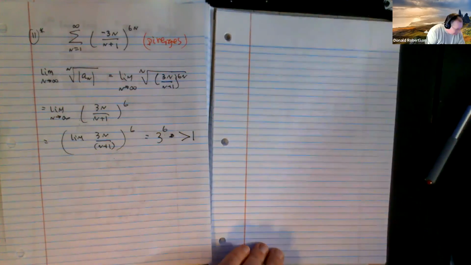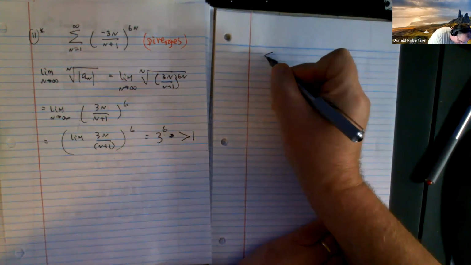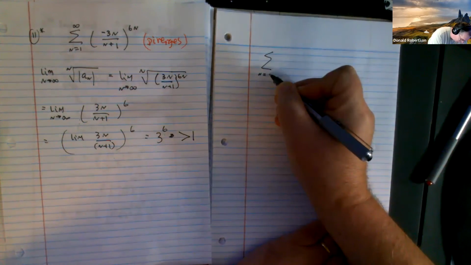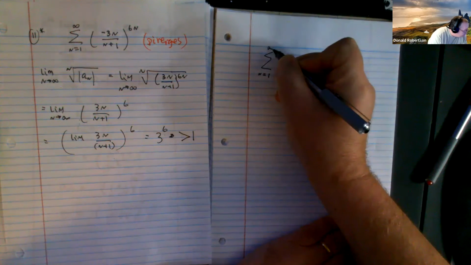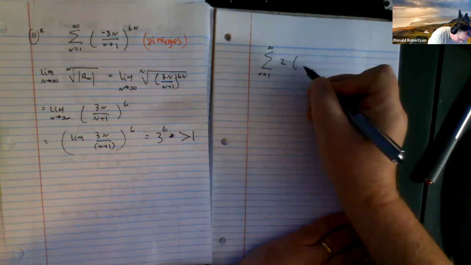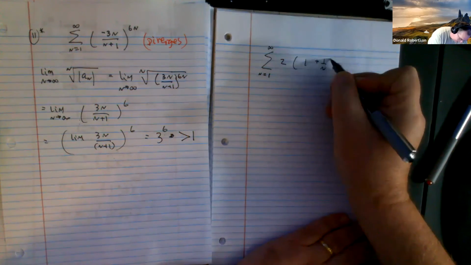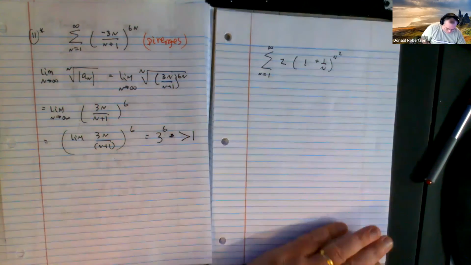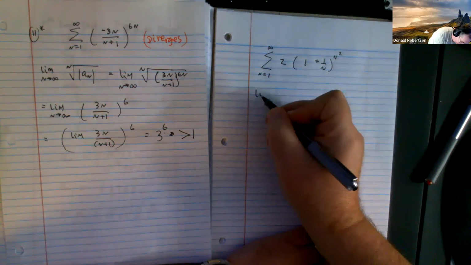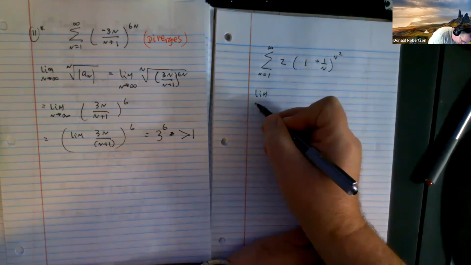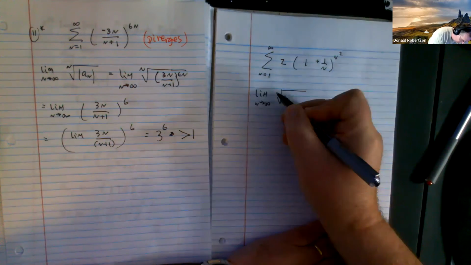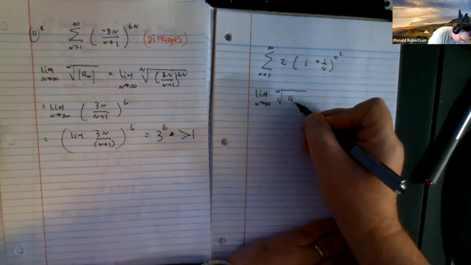Let's show you another one. How about this one? Sigma n equals 1 to infinity, 2 times 1 plus 1 over n to the power of n squared. So this is going to be the limit as n tends to infinity of the nth root of that expression.